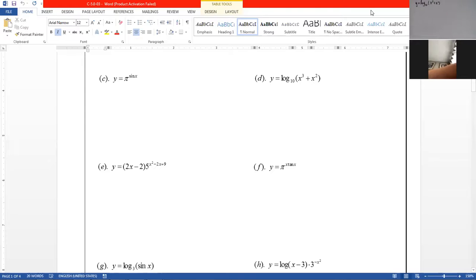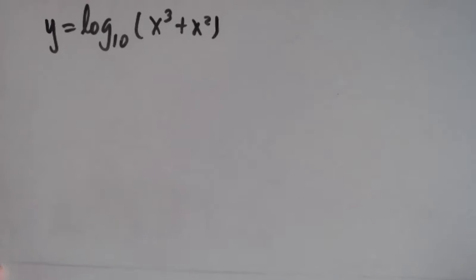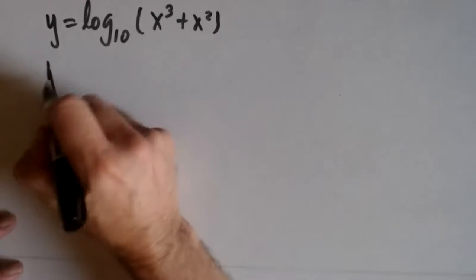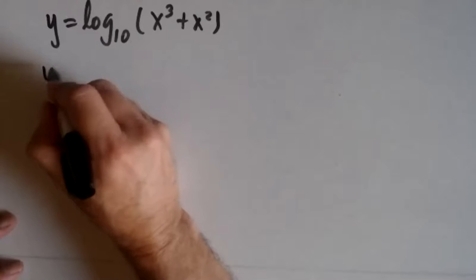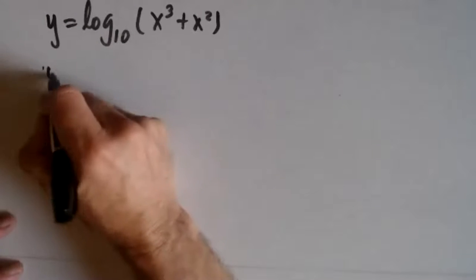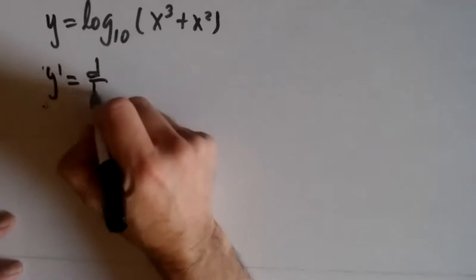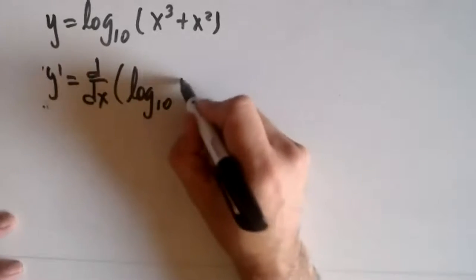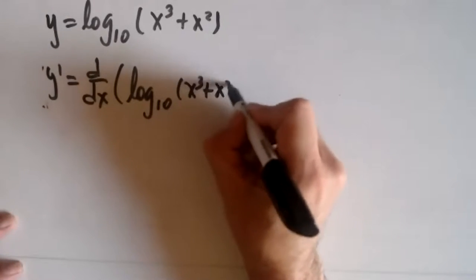So let me just go to my board. Here is the board. Y equals the log in base 10 of x cubed plus x squared. So it's very simple. Y prime is going to be the derivative with respect to x of log in base 10 of x cubed plus x squared.